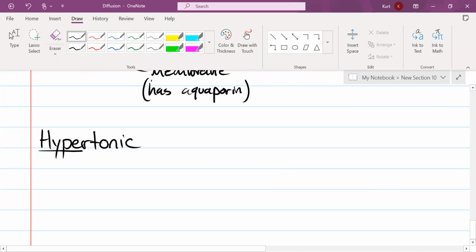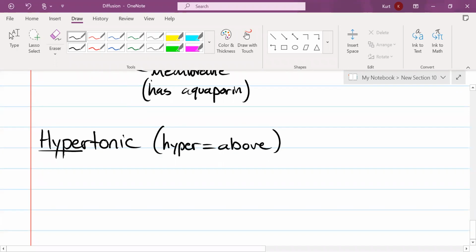If my blood sugar levels were considered hyperglycemic, is that above normal, normal, or below normal? So what does hyper mean? Hyper means above. If a cell is in a solution that is hypertonic, I want to reiterate that.